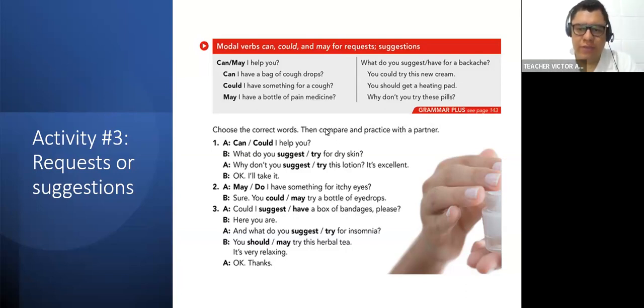All right, okay, I think that they are done, that they are finished. So I will close the breakout rooms.